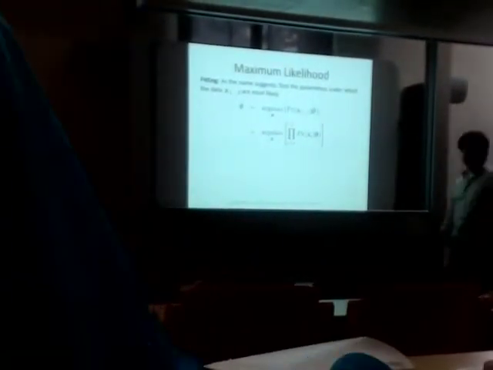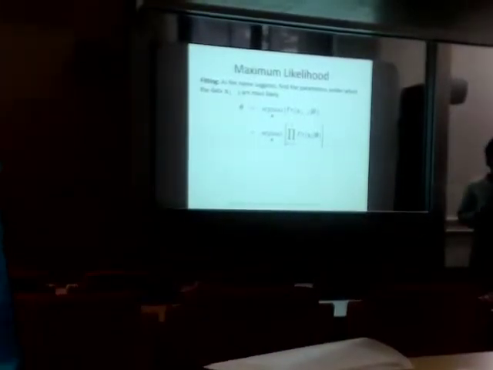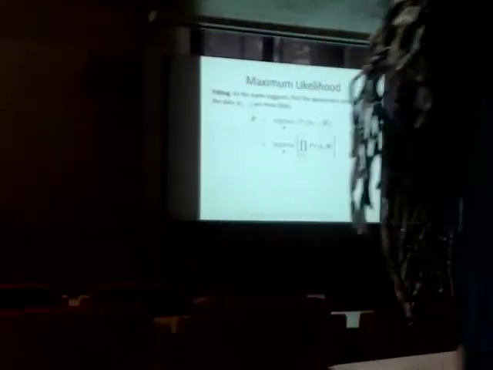So maximum likelihood is perhaps the most basic way of fitting probabilistic models. And the idea here is that we choose our model, right? This is some model that we define. This has some parametric form. It could be a Gaussian distribution, for instance.